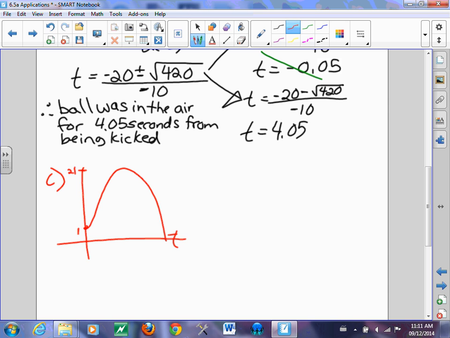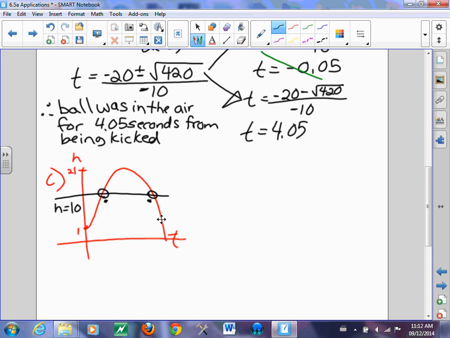What we're going to do is, it's asking for how long the ball was over 10 meters, so we're going to sub in h equals 10. We're going to find the 2 points of intersection, but to find out how long, we have to take the second point of intersection and subtract the first.